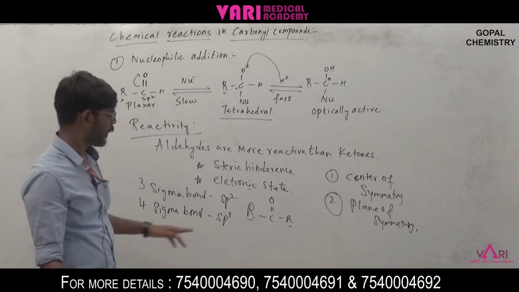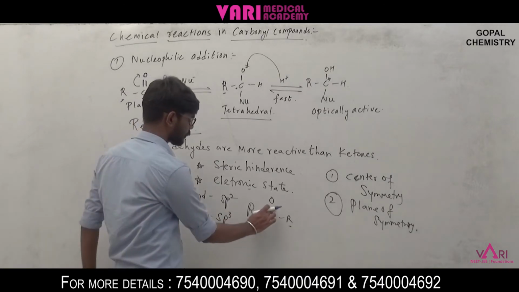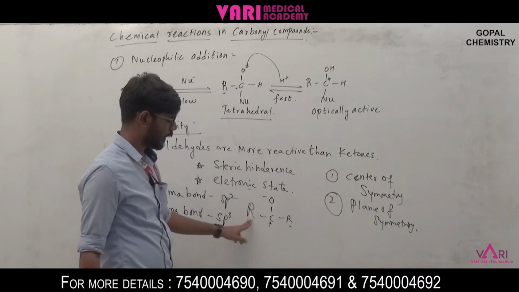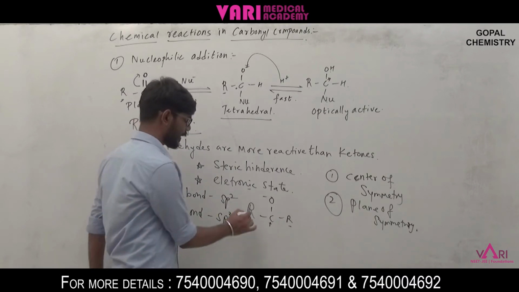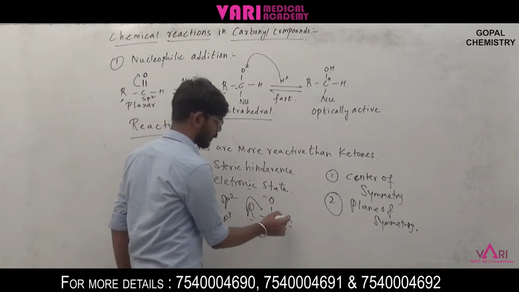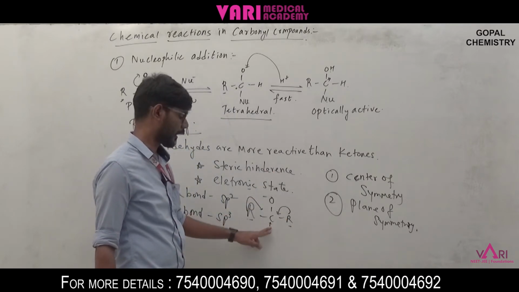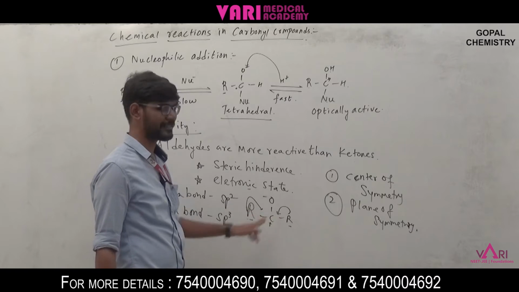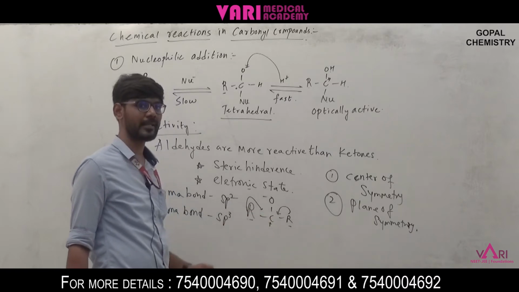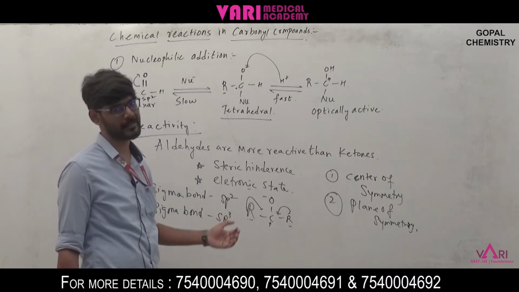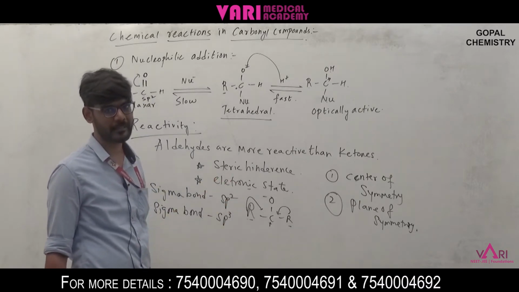See here, the example is a ketone. There are two alkyl groups, right? So this alkyl group donates electrons to this carbon, and this alkyl group donates to the carbocation. So there are two plus I groups. If the plus I groups are increased, then the stability of the carbocation will be maximized, as we discussed in previous sessions, right?